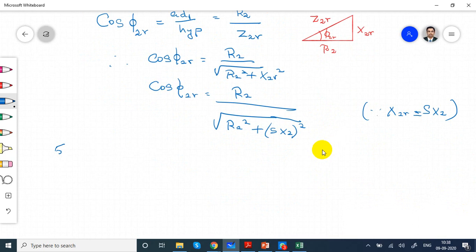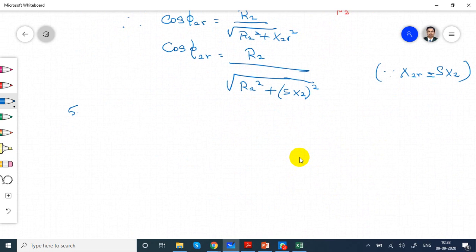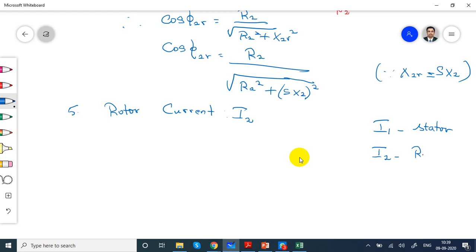Fifth one: rotor current. The rotor current notation which we are using is I2, because I1 stands for stator and I2 stands for rotor.